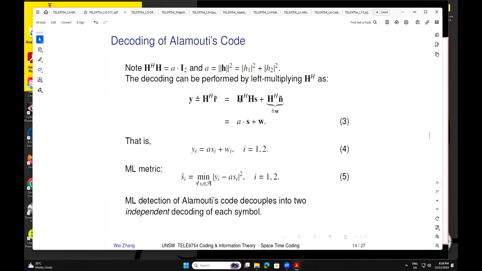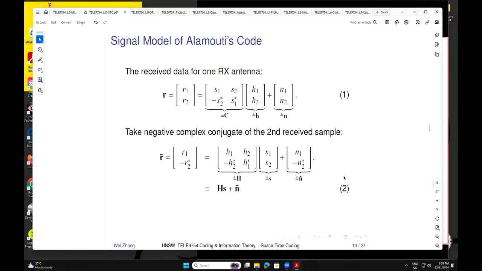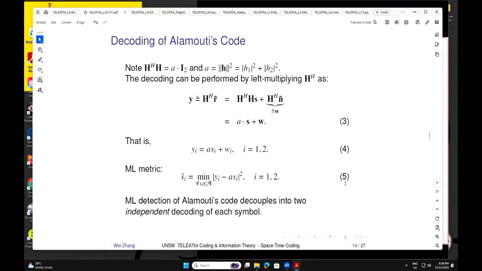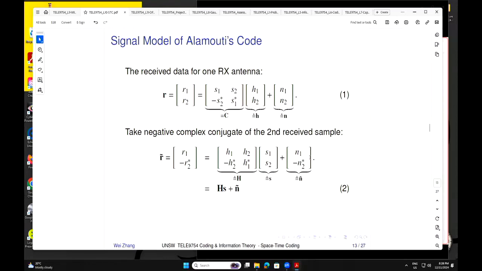So how is the Alamouti code decoded, right? You need to show it step by step, not too many steps, but you can write it by yourself. That means you really understand this decoding, especially from equation 1 to equation 2 to equation 5, okay? All the steps, you should be able to write by yourself, okay?